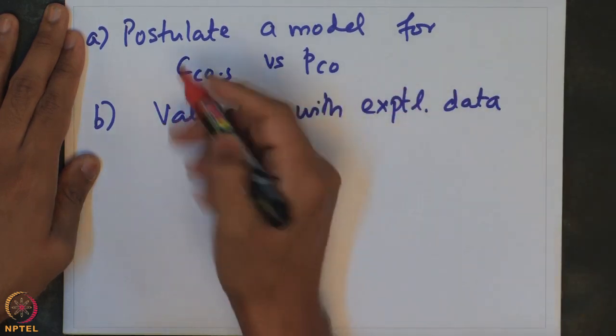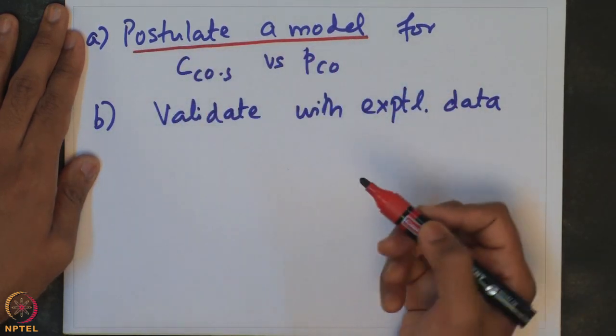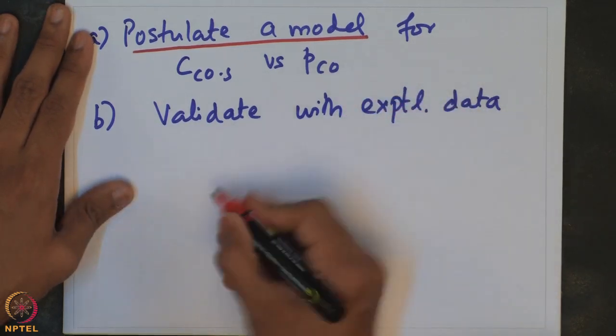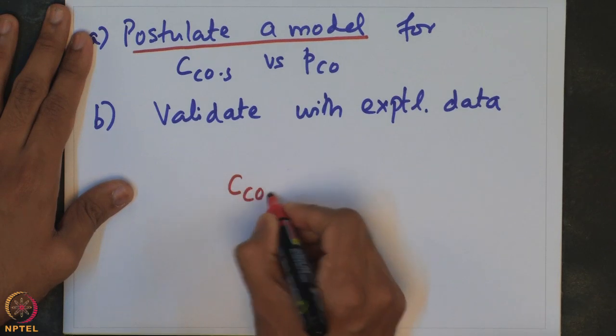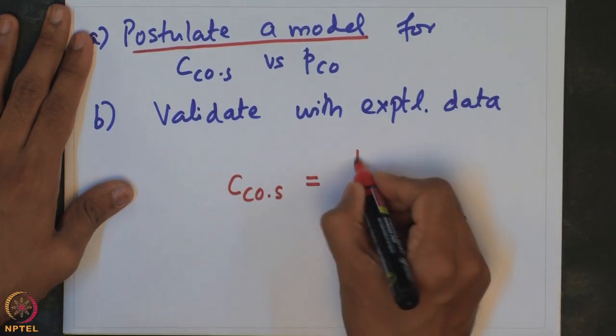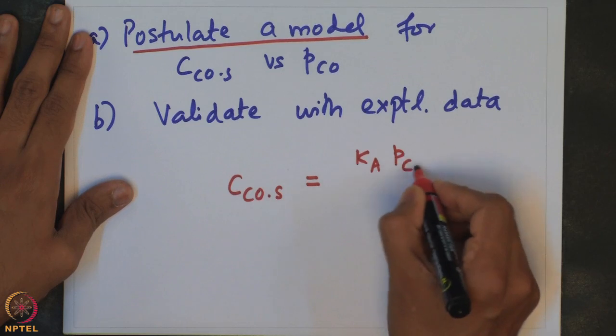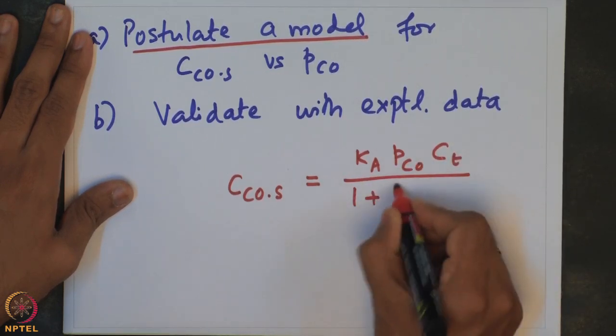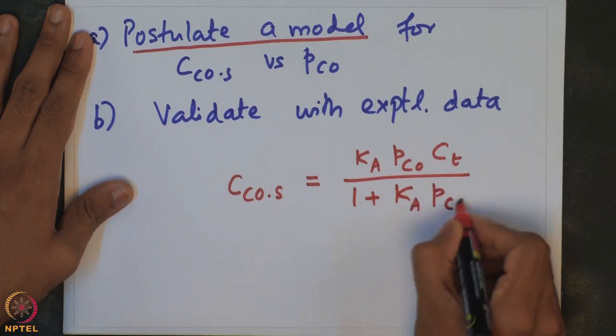The postulation of a model is what we just did a few minutes ago. Suppose I have such a model where CCOS is given by Ka into PCO into Ct divided by 1 plus Ka into PCO.